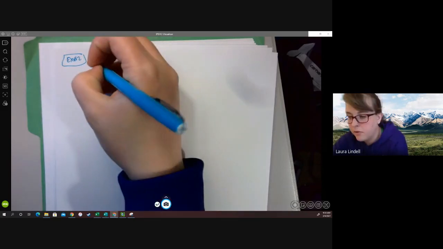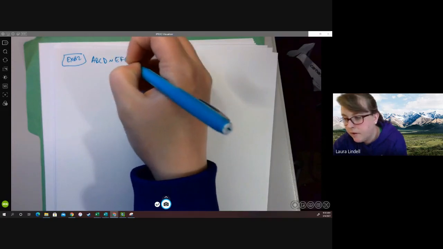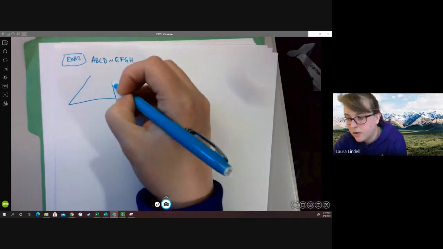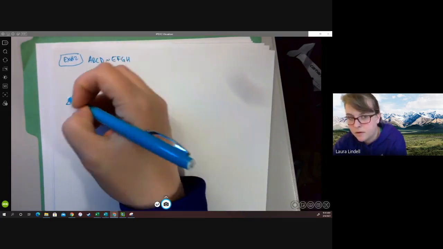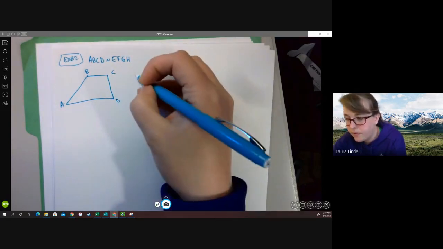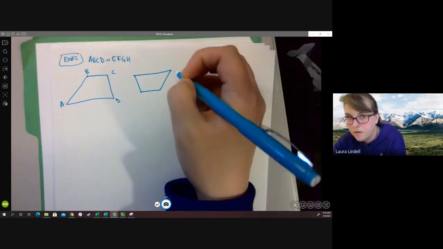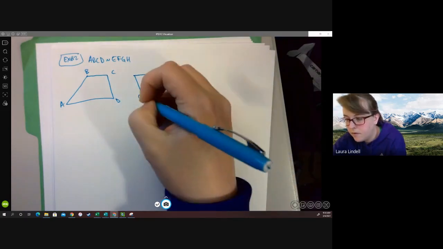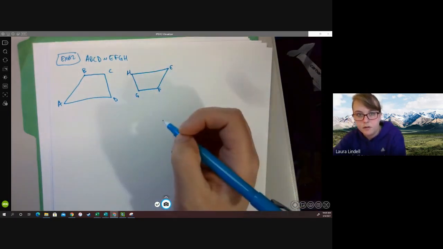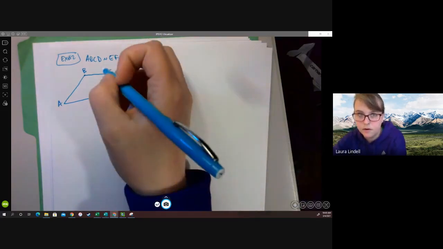Okay, so for this one, we have ABCD is similar to EFGH. All right, and let's see, we're going to be told this one, this one.